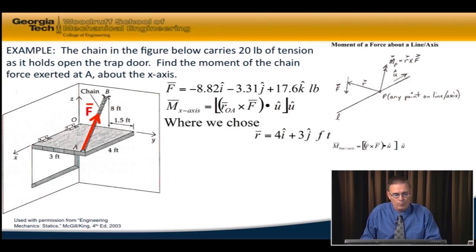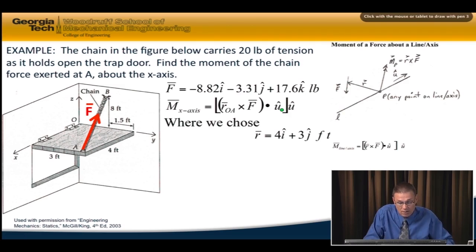So, recapping here, we have our force in vector form. This is the equation for finding the moment. We've chosen r is 4i plus 3j feet. So we have this term, we have this term. All we need now is the u vector, and the u vector is the unit vector in the direction of the line or axis.